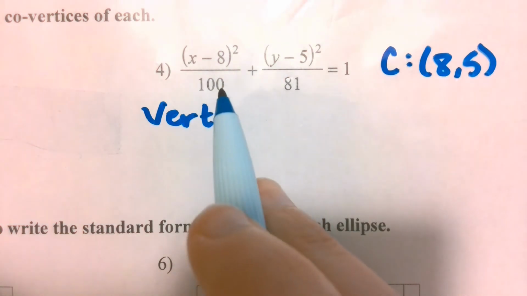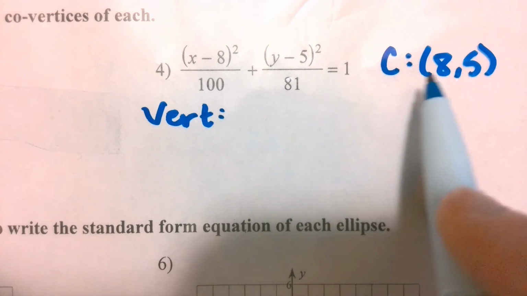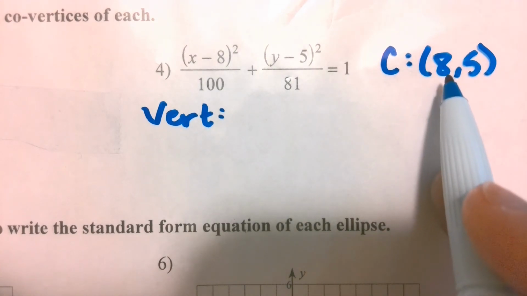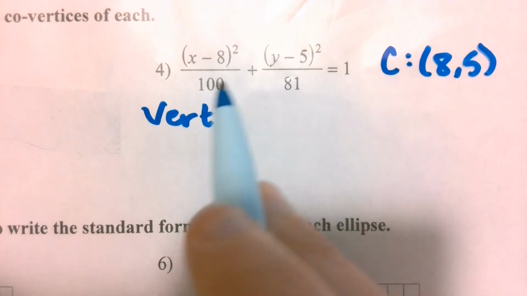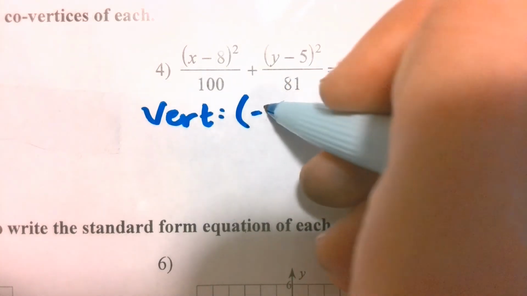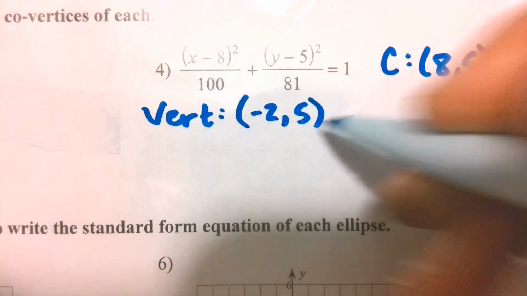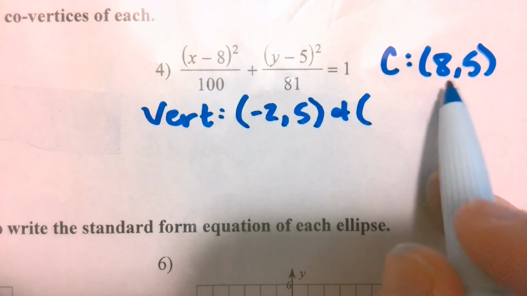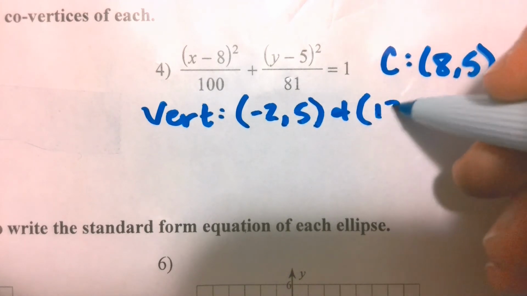So that means that for my vertices, I'm going to be moving 10 units to the left and 10 units to the right of my center. So since x controls the left and the right, that means that if I subtract 10 from my x value, I would get my vertex on the left. And if I add 10 to my x value, I'm going to get the vertex on the right.